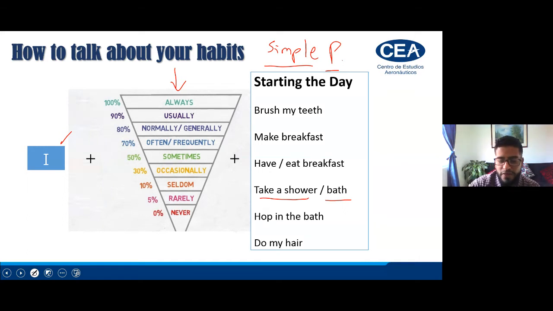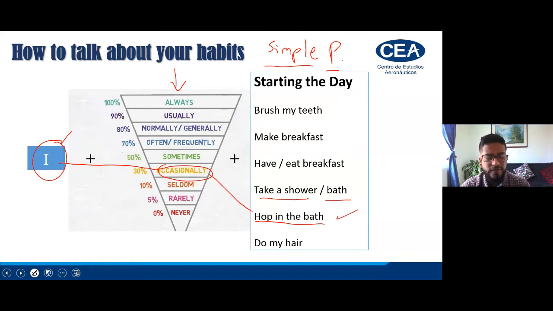And there is a third option in this specific context, hop in the bath. For example, in my case, I occasionally hop in the bath. What is the meaning of this expression? Hop in the bath is when you are running out of time and you have to run, because you don't have enough time.